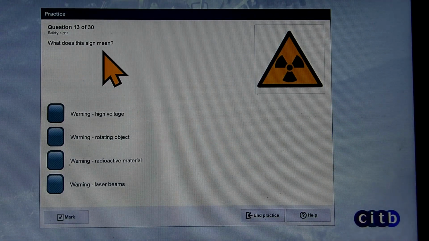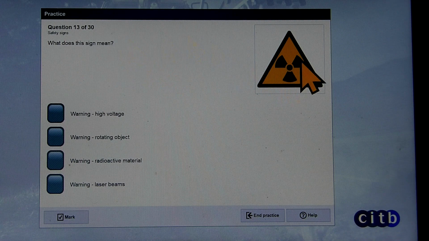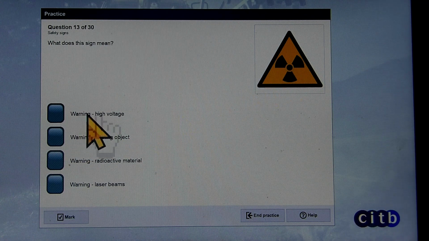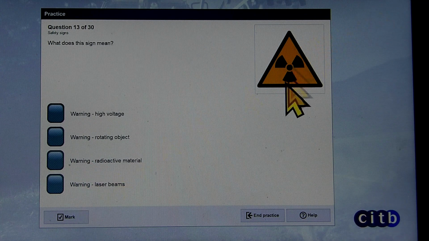What does this sign mean? This sign, look, is a yellow triangle, and after that we need to check what is inside the label. All of these are warnings because they are yellow and triangular.